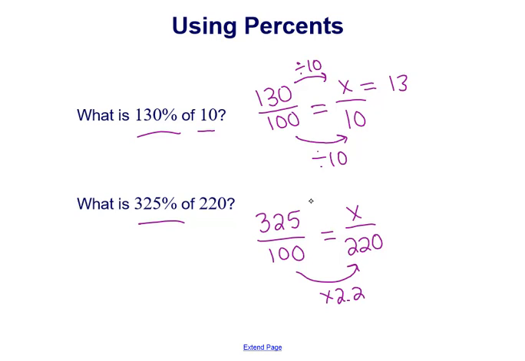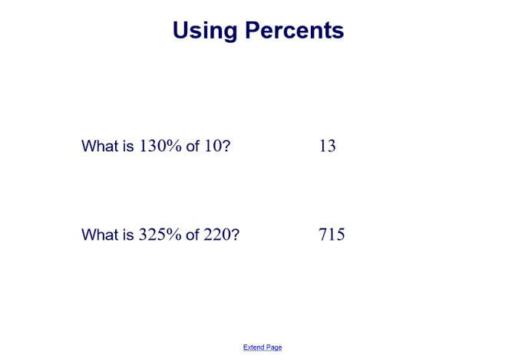So we'll multiply now the numerator by 2.2 to find our unknown value. 325 times 2.2 is equal to 715. So 325% of 220 is 715, and 130% of 10 is 13. And we can check our answers here.